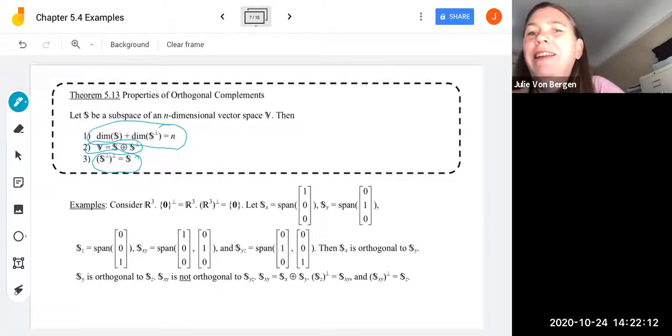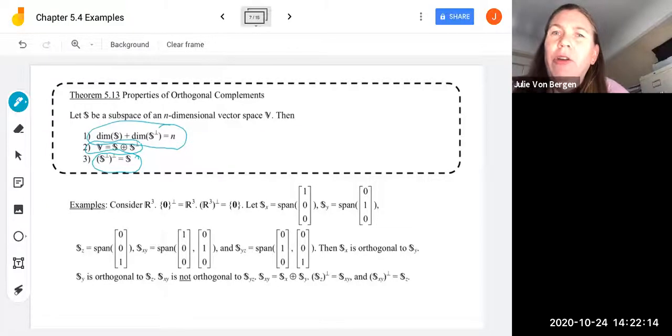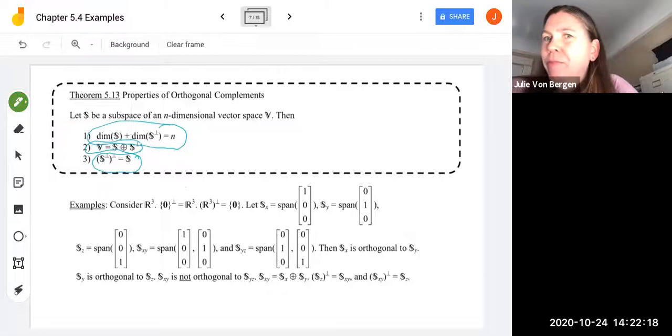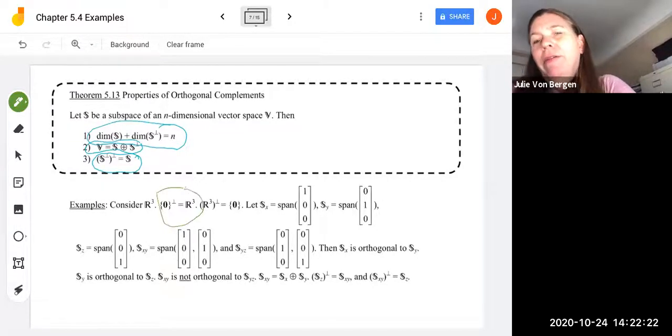So let's take a look at an example that'll help make this a little more concrete. We're going to work in R3. What's the orthogonal complement of R3? That's just the 0 vector. And the orthogonal complement of the 0 vector is R3.